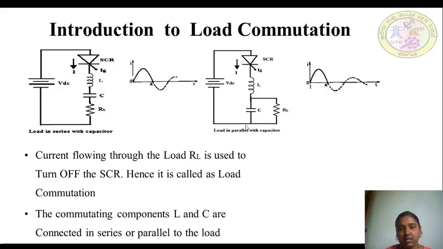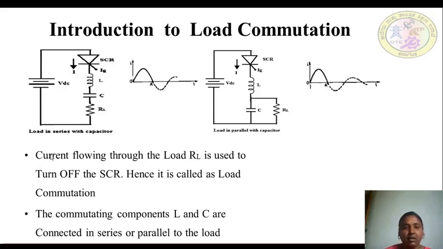This is the circuit of the load when it is connected in parallel with the capacitor, and these are the oscillations provided by L, C and R, that is, when R is connected in parallel to C. The difference between this and the earlier circuit is that the oscillation period varies between a series type of load and the same load connected in parallel.